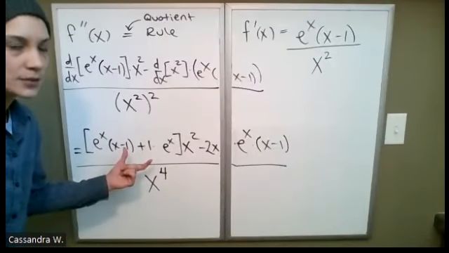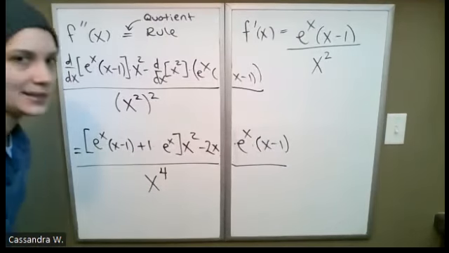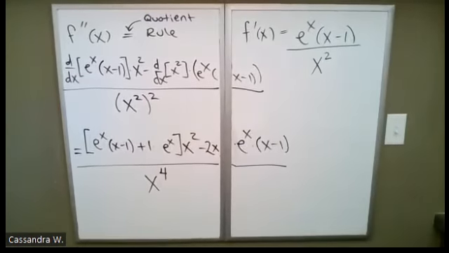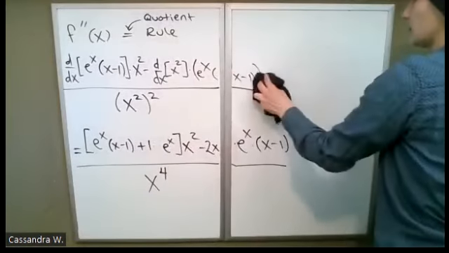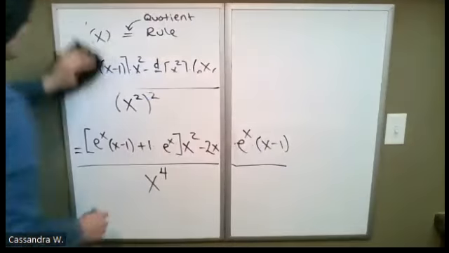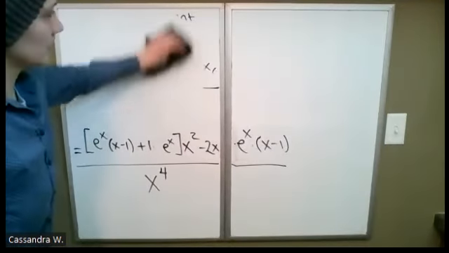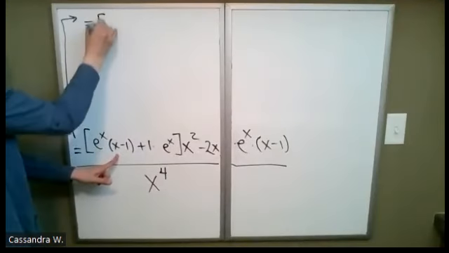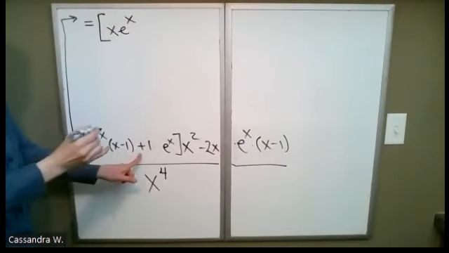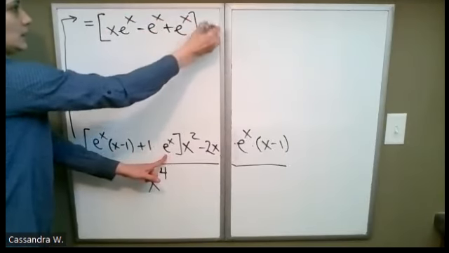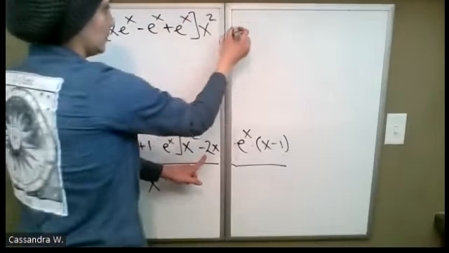So those last two terms are going to cancel, or add to 0. x e to the x minus e to the x plus e to the x, squared. That's 2.